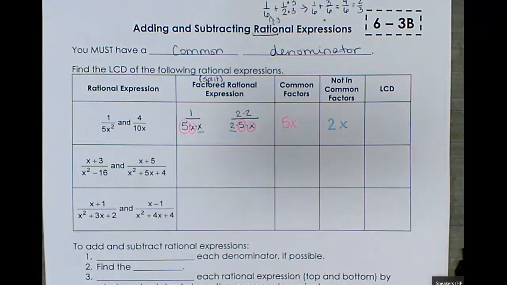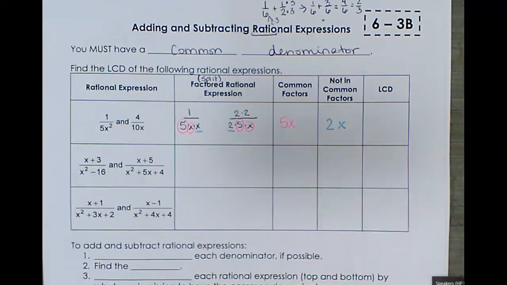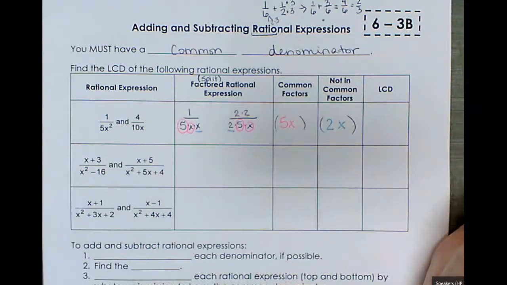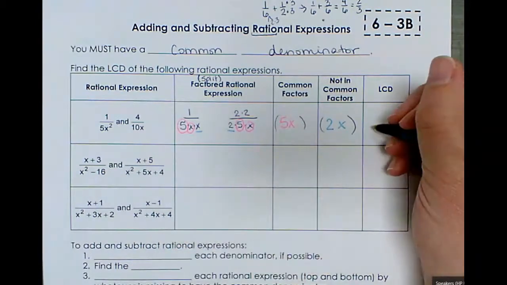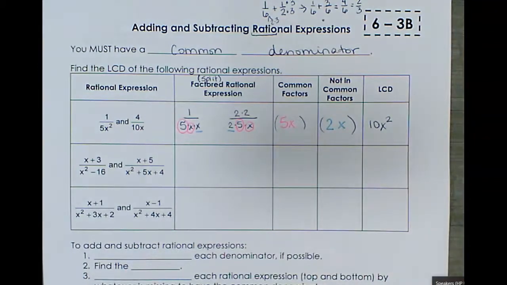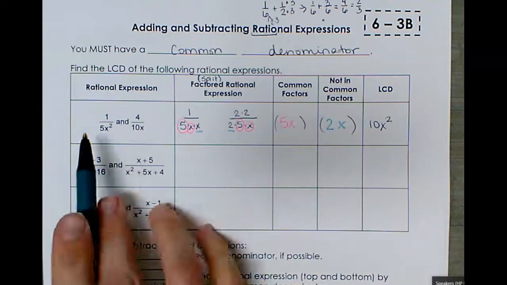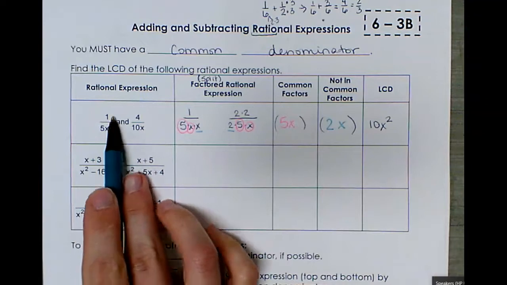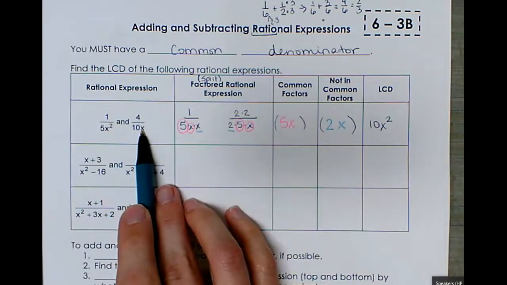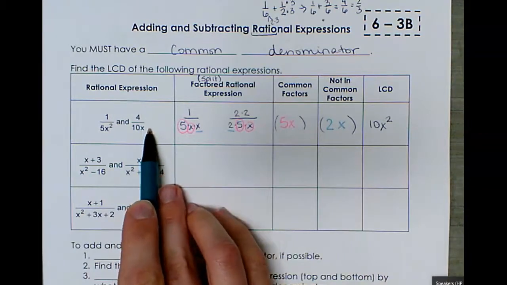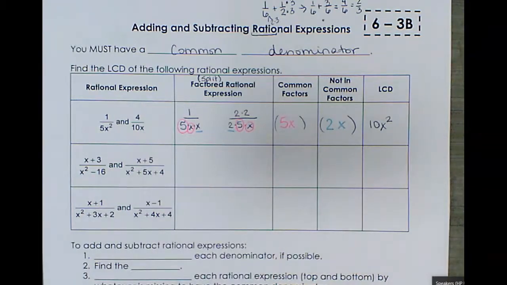And so what you get when you multiply these two together is what you want your denominator to be. So 5 times 2 is 10, x times x is x squared, and so that's what I would try and make my denominator. 5x squared, in order to be a 10x squared, is multiplied by 2 on bottom. And then 10x, in order to be 10x squared, I would multiply by an extra x on bottom and top. And then I would have common denominators, and I could add or subtract.